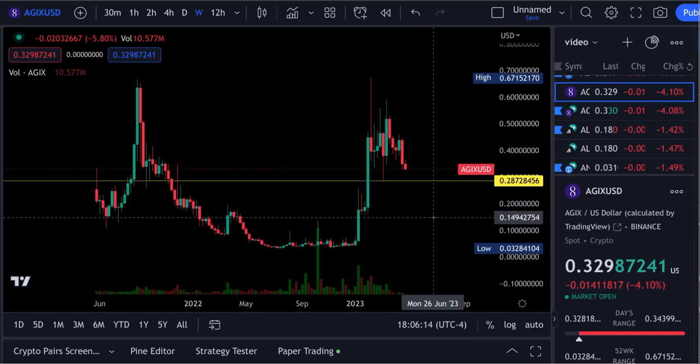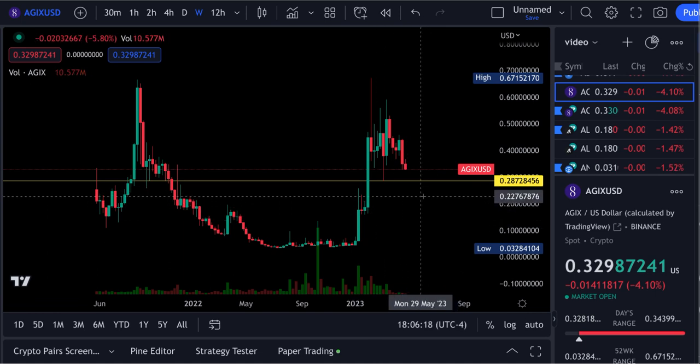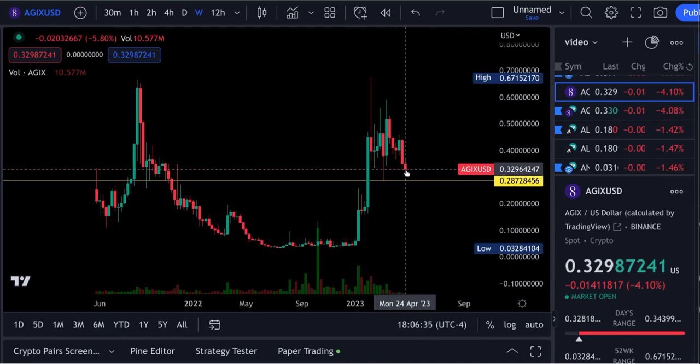This is on the weekly chart, and I just want to inform everybody, on certain particular coins like Agix or any of the tokens, I'm not going to be doing daily videos on any one token. All of them will be every 2 days, 3 days, something like that. That way, I let some price action work out.